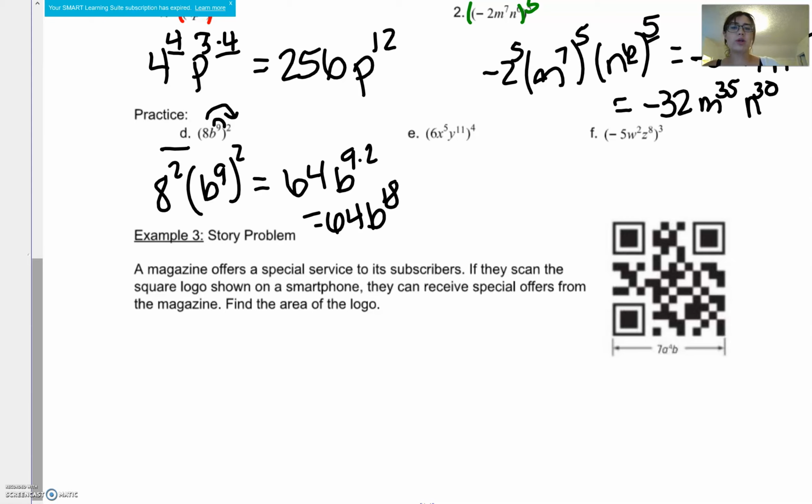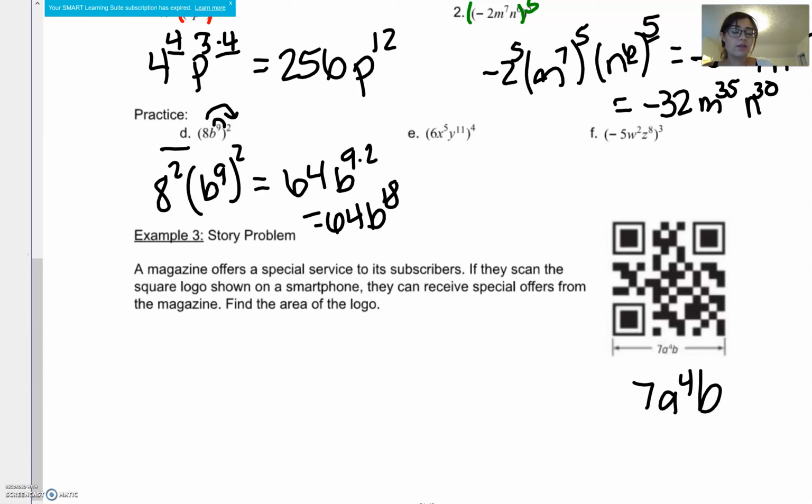Our quick story problem: a magazine offers a special service to its subscribers. If they scan the square logo shown on a smartphone, they can receive special offers from the magazine. Find the area of the logo. Okay, so one side is 7a to the 4th b.